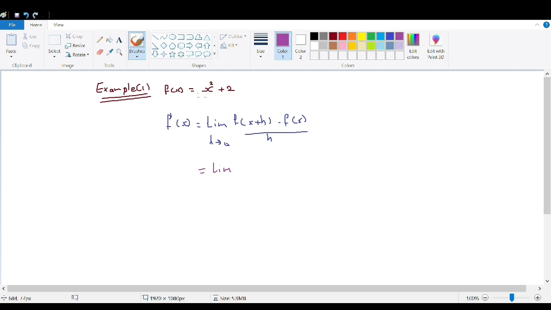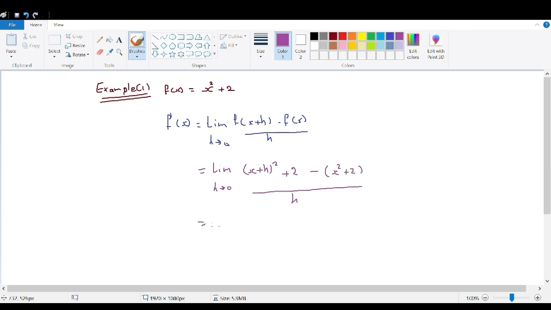We go to the function f and replace every x by x plus h. So this will give us (x plus h) all squared plus 2, minus f of x, which is the same function, so minus (x squared plus 2), all divided by h. We evaluate the limit as h approaches 0.